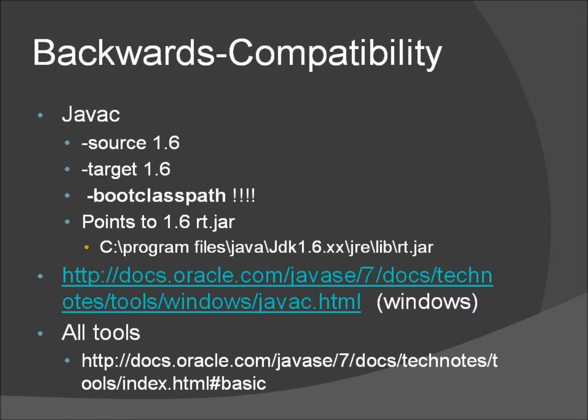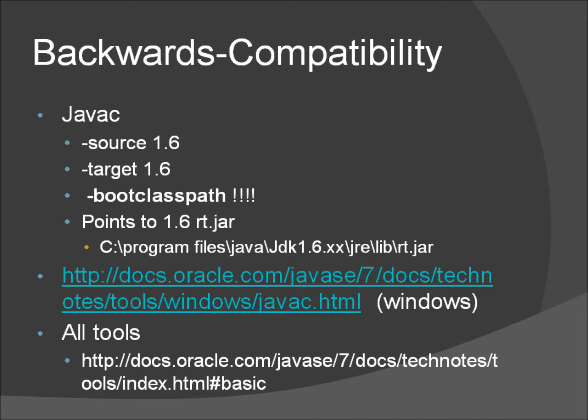So what you want to do is, if you're going to use the same Javac compiler to compile for both 6 and 7, if you're targeting 6, you want to point to an rt.jar that is from your 6 build. And then I put in essentially the link. That's essentially Javac's documentation and tells you the other flags that you can use, and explains in more detail about the boot class path. And the last link is all the other tools that Oracle has.